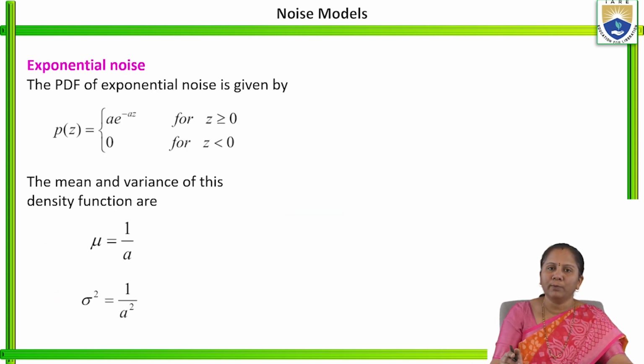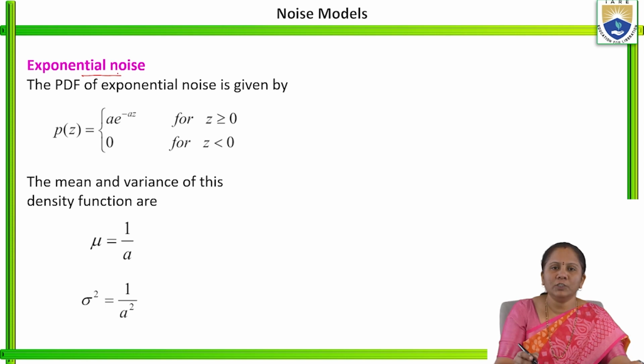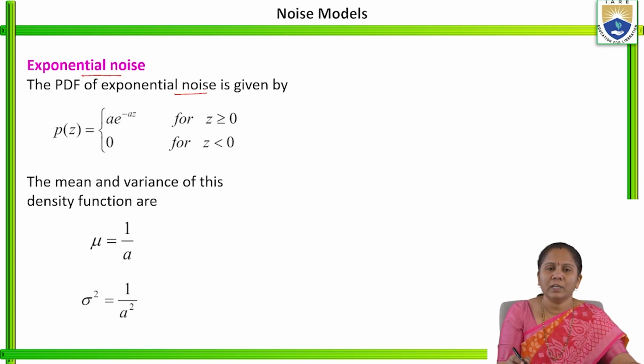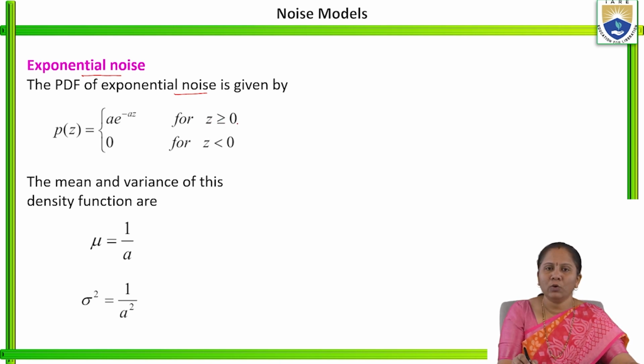And the next noise model is exponential noise. So here the probability density function for exponential noise is given by P of z is equal to a into e power minus az for the condition z is greater than or equal to 0.